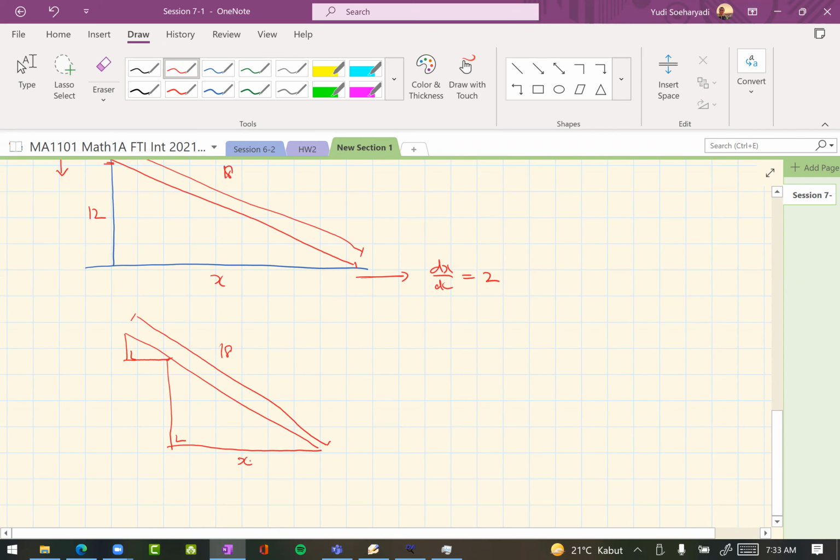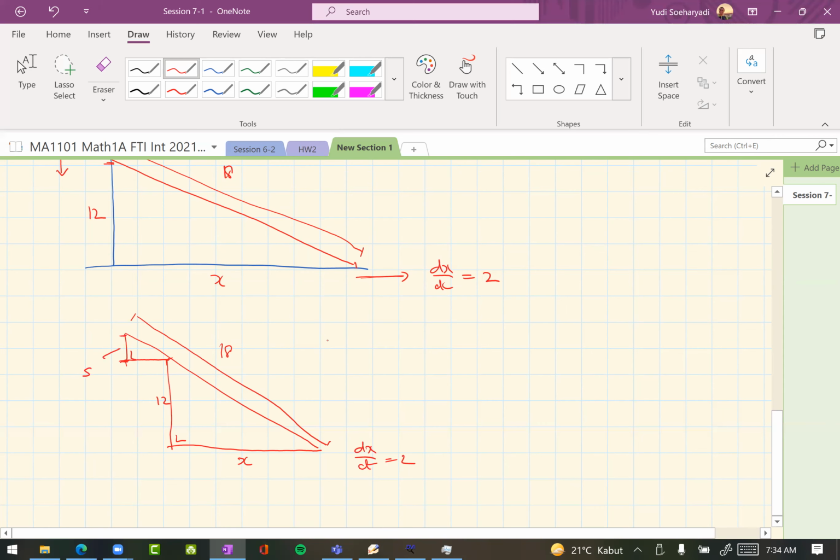You have x here, you have 12 here, and then you got to figure out what this one is. Okay, and dx/dt is 2. The question is, say this is s.